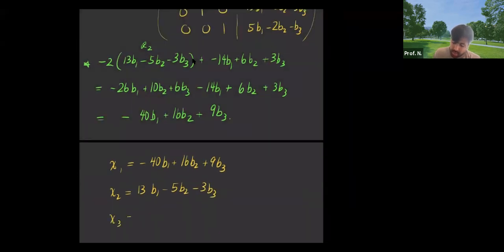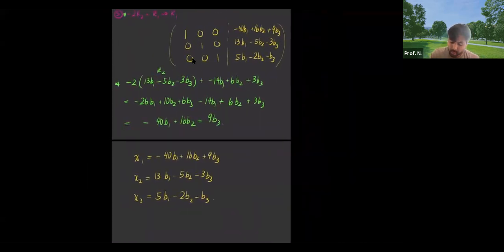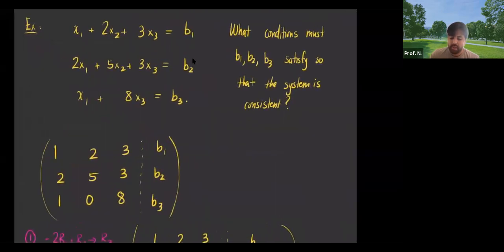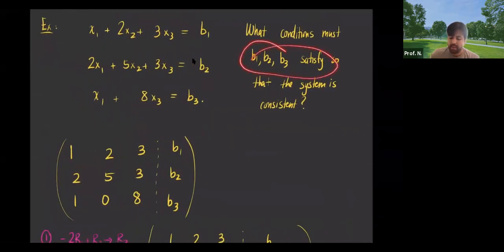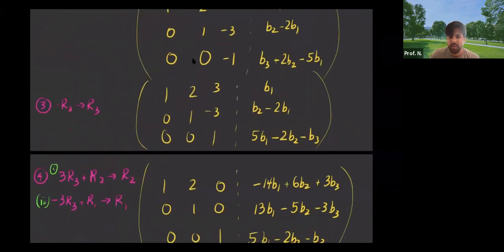And x3 has to be what? 5b1 minus 2b2 minus b3. So what does this mean? Can anyone answer the question? What are the conditions that this must satisfy so that the system is consistent? What's the condition?